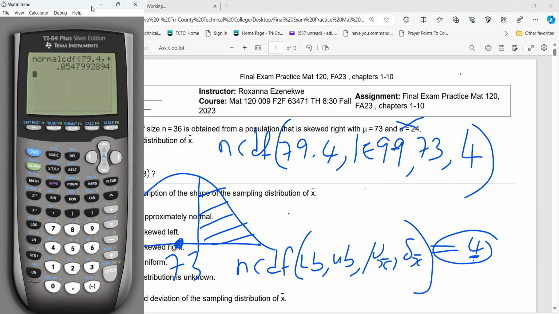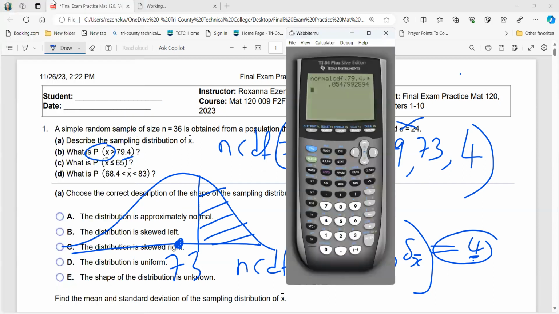So remember that you have to describe the sampling distribution. The description will say, the central limit theorem says that whether the original distribution is skewed left or skewed right or normal, the distribution of means will be approximately normal, which means you will not say there is not enough information.